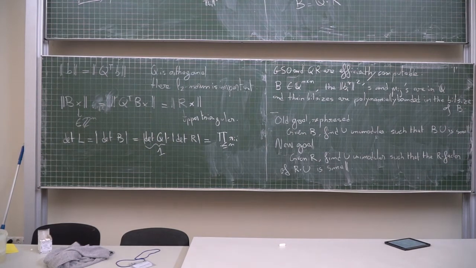So in a sense, I've gone down from n squared variables to almost n squared over 2 variables.